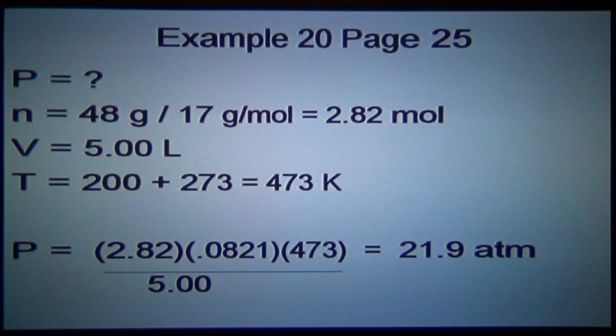So we had to make sure that we change the 48 grams to moles, simply divide by the molar mass. The volume here was given in the right units of liters. If it was not in liters, we'd change it. We definitely have to have temperature in Kelvin, so we went ahead and added 273 to the 200 to get 473 Kelvin.